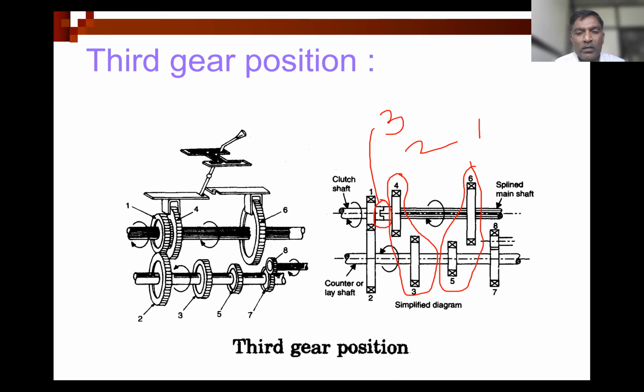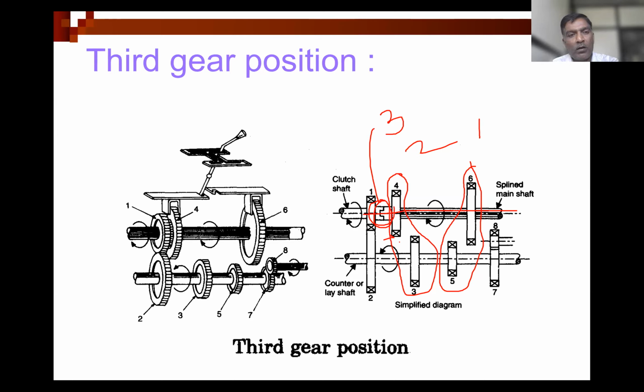So once this clutch shaft is going to rotate, it allows this main shaft to rotate with the same speed as it is directly connected. And with this combination, this is the top speed.